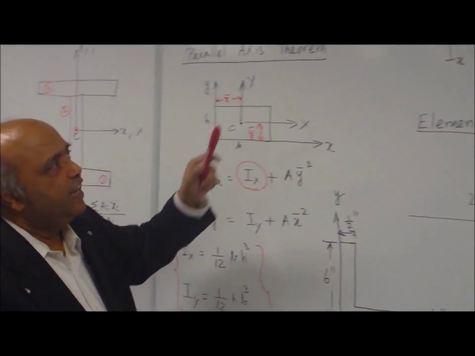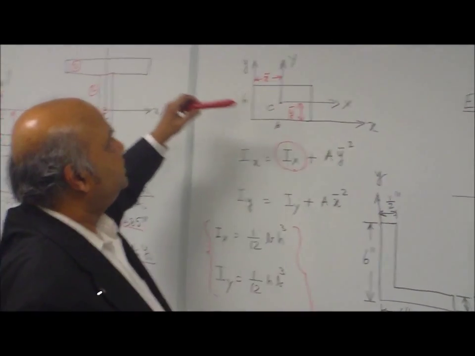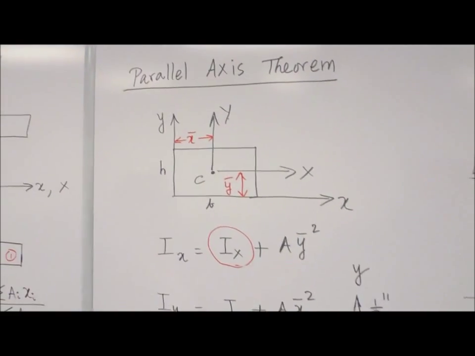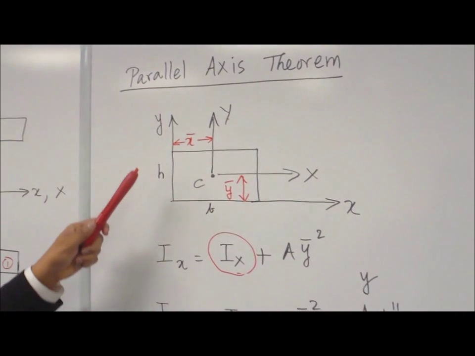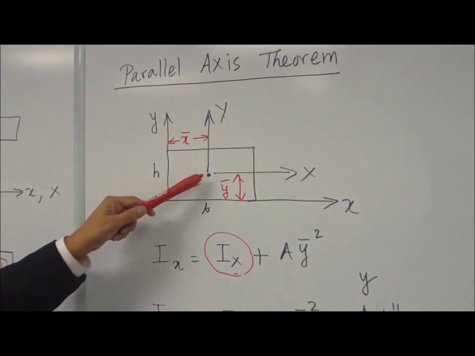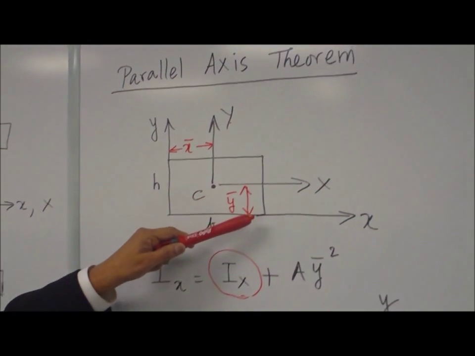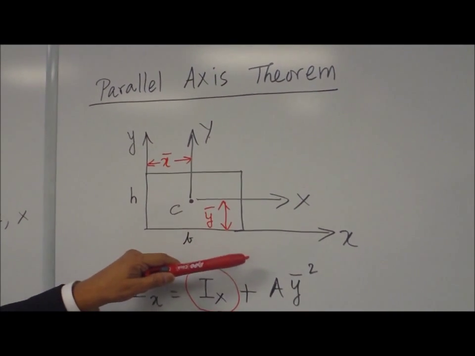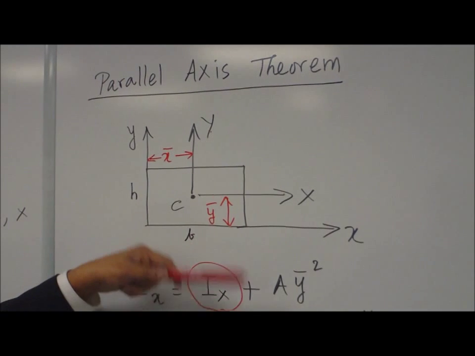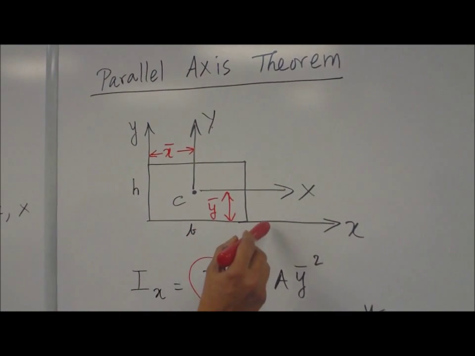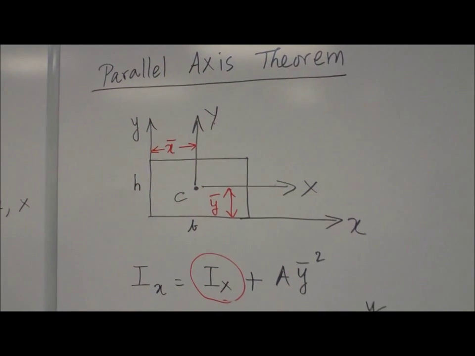Before we get into area moment of inertia, let us review the parallel axis theorem, which you usually learn in your class. The parallel axis theorem simply tells us that if you know the inertia about one axis, you can find the inertia about another axis that is parallel to the given axis. For example, here the little x and capital X are parallel to each other.